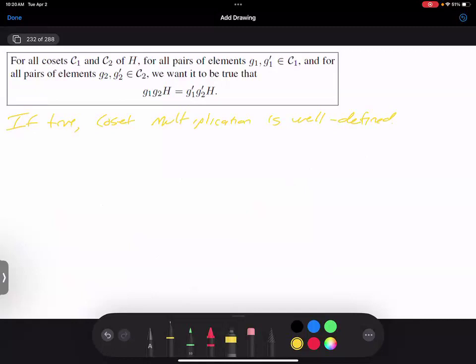Can somebody give me a subgroup of G where you know it will be normal? Where everything will be well defined? Whenever I ask this question, there should be 2 or 3 things that quickly go into your mind. So can you give me a subgroup of G where G1, G2 H will always be G1 prime, G2 prime of H?